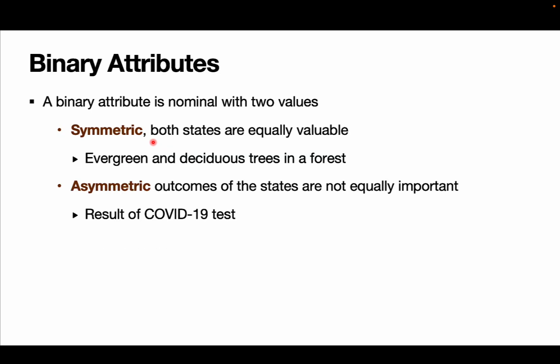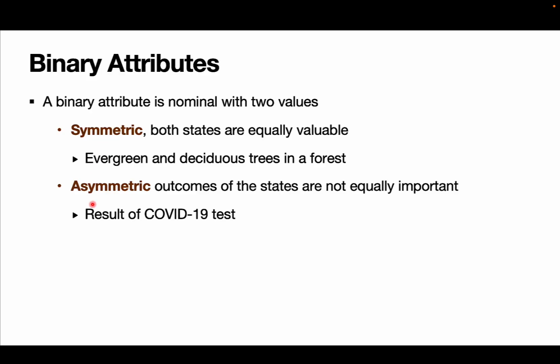Binary attributes are nominal attributes with 2 possible values: yes or no, true or false, positive or negative, and can be symmetric when both outcomes have the same significance. For example, when studying trees in a forest, whether a tree is evergreen or deciduous, both outcomes carry the same significance.